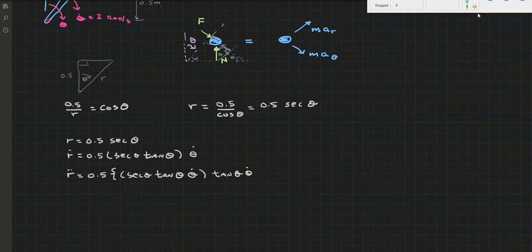All right, and now the second term we're going to differentiate is the tangent of theta. I'm going to put in the secant of theta here because it's multiplied by, and then I'm going to do the derivative of the tangent of theta, which is the secant squared of theta.